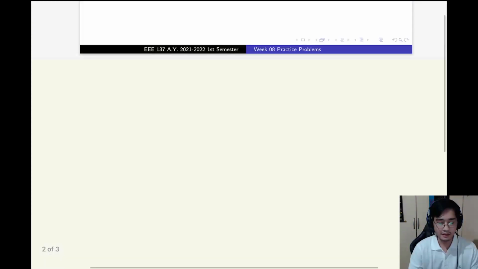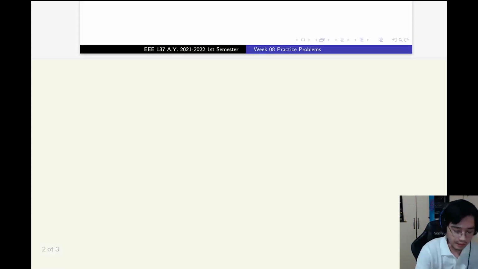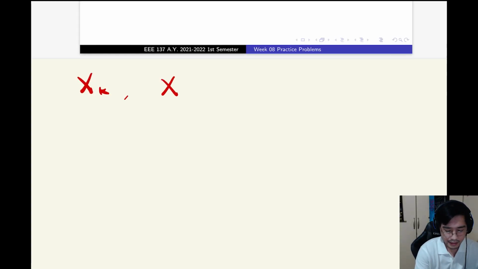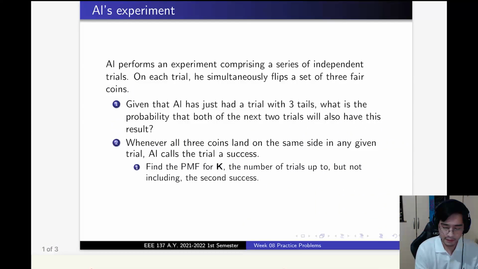Let us first denote each trial as x sub k. For example, for the first trial, the outcome was 3 tails.